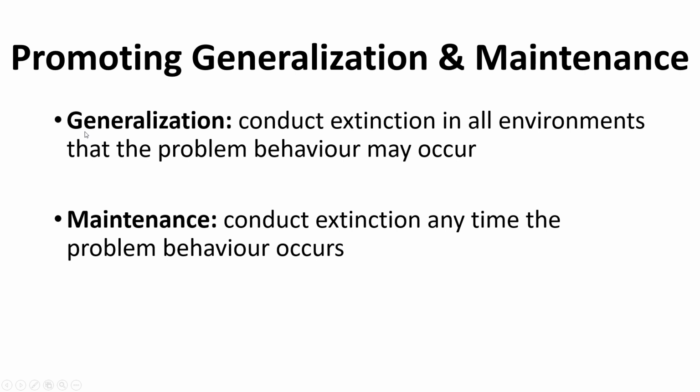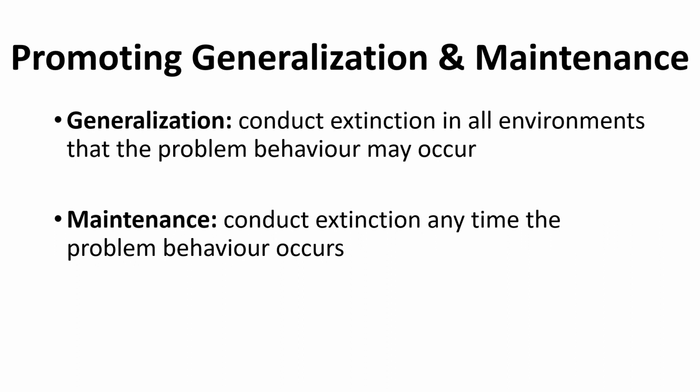But generalization, as we've talked about before, is the idea of wanting this extinction to occur in all situations. So if you want procedures that encourage generalization, then you're going to want to make sure that you're conducting extinction in all possible environments that the problem behavior might occur in. So if your child is having temper tantrums, if they're doing it at school, then you're going to want to go through an extinction process at school.